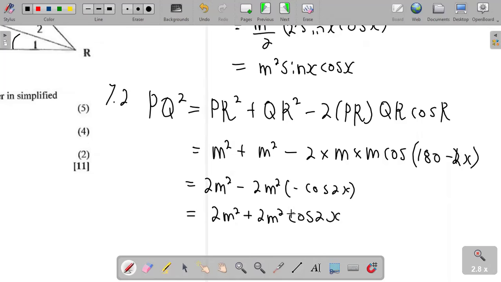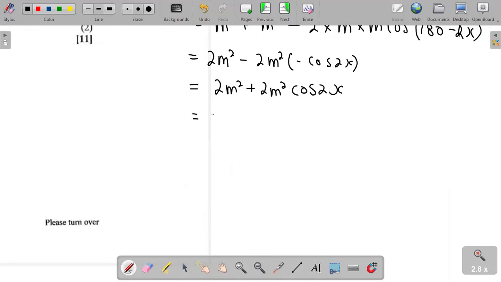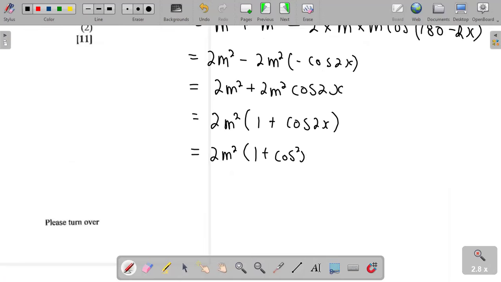If we take out the common factor here, it's 2M squared, 1 plus cos 2x, which equals 2M squared, 1 plus 2 cos squared x minus 1.